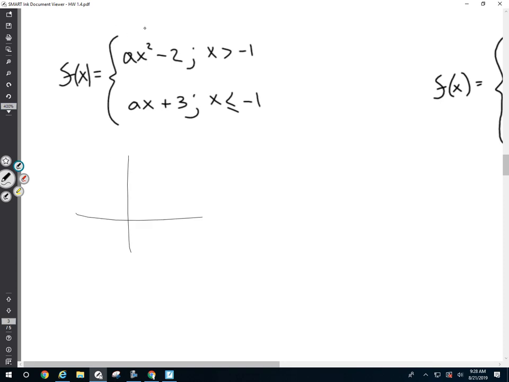I would be using the ax squared minus 2 until negative 1, I'd use the ax plus 3 from the left of negative 1. So I'd have some sort of line until negative 1. I need to make sure it meets up with this quadratic so that things are continuous. So all I need to do is make sure that this little guy, I'll call it f little 1, meets up with f little 2 at negative 1.